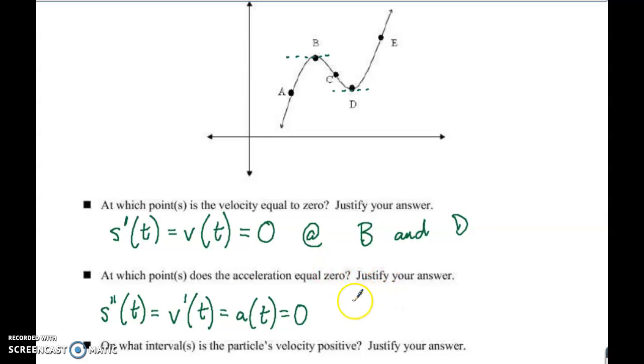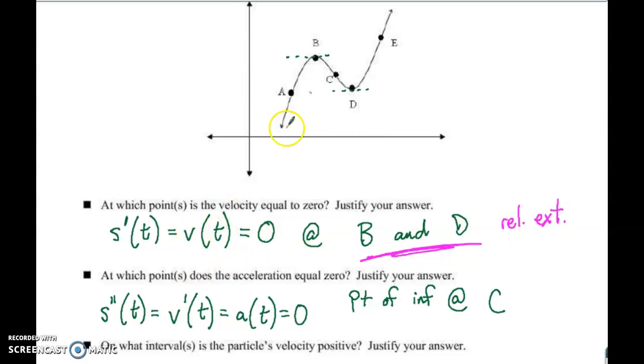In other words, we're sort of looking for a point of inflection. And I would argue at point C. And maybe I should clarify up here with B and D that those are relative extrema. That might be a better thing to say than clearly it's the velocity is 0, something like that.